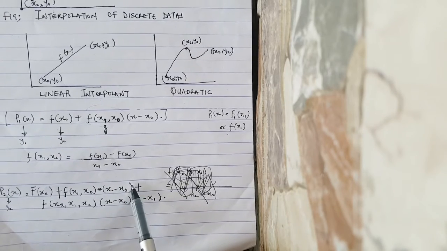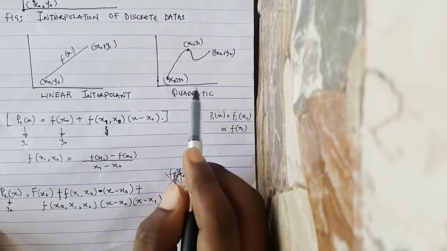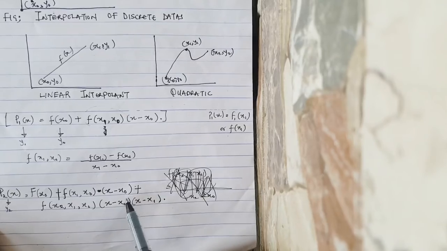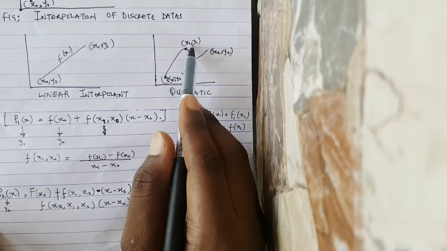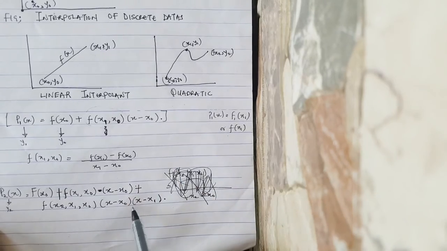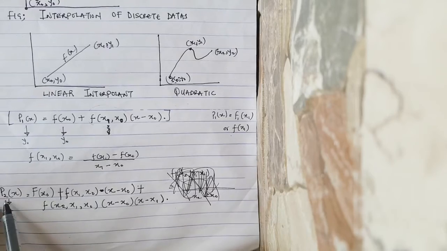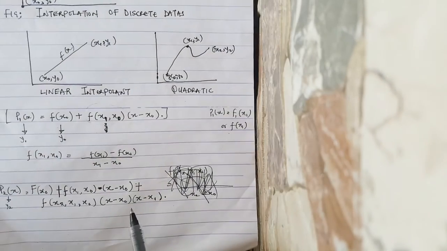It is one data point, all the way to plus f of x2, x1, x0 into bracket x minus x0, into bracket x minus x1. Why is it x minus x0 and x minus x1? Because it is two data points. That's what we're looking for, P2. It is two data points. That's the easiest way to understand it.